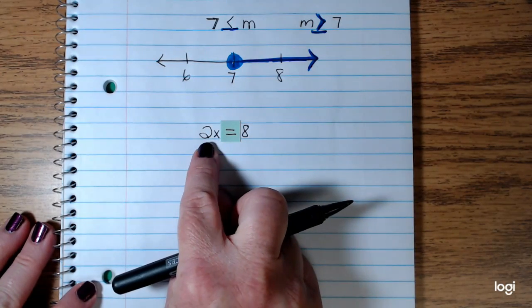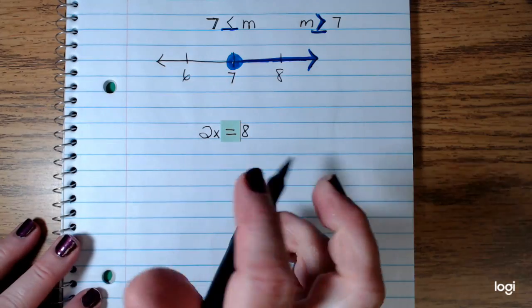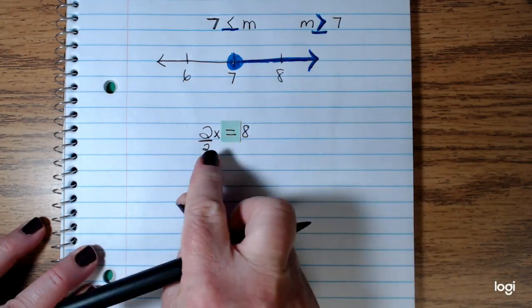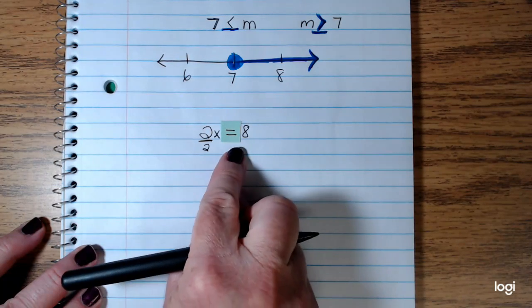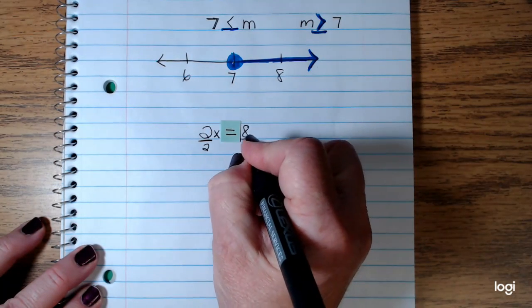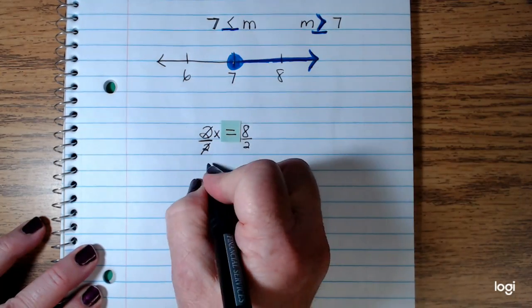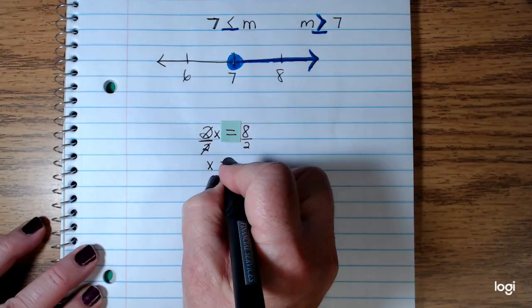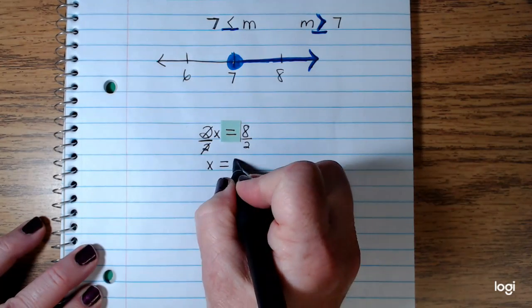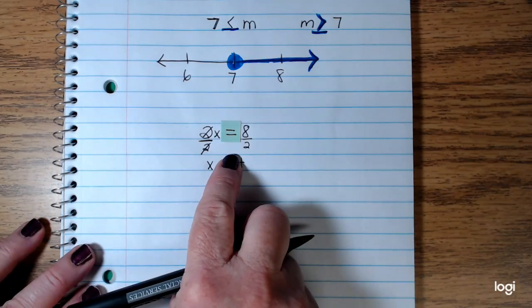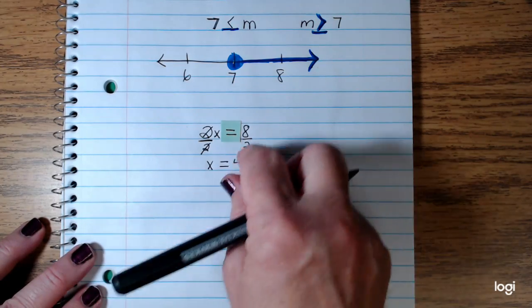You'll notice on this side, the opposite of multiplying by 2 would be to divide. So that means I'm going to divide by 2 on this side. And remember, the rule is whatever I do on this side, I have to do on this side. So I'm going to divide by 2 on this side. 2 divided by 2 cancels, leaving x equals 4. Now, underneath my green square is actually not an equal sign.